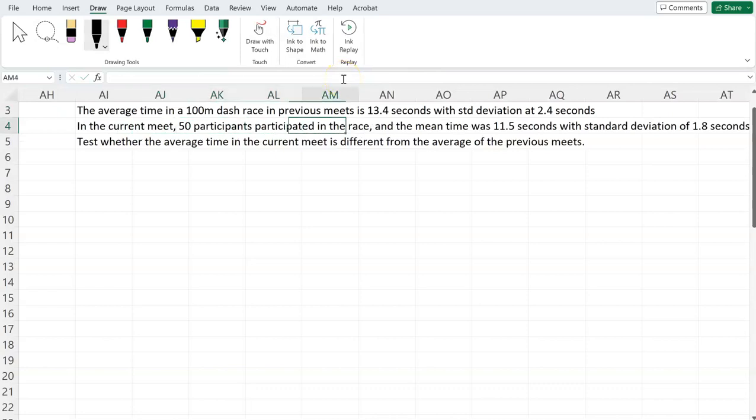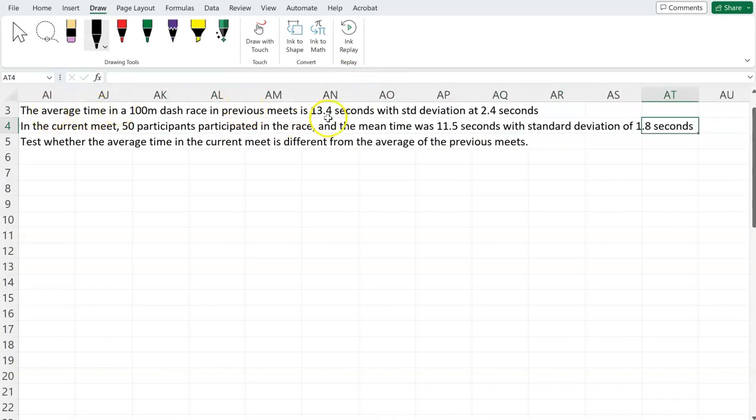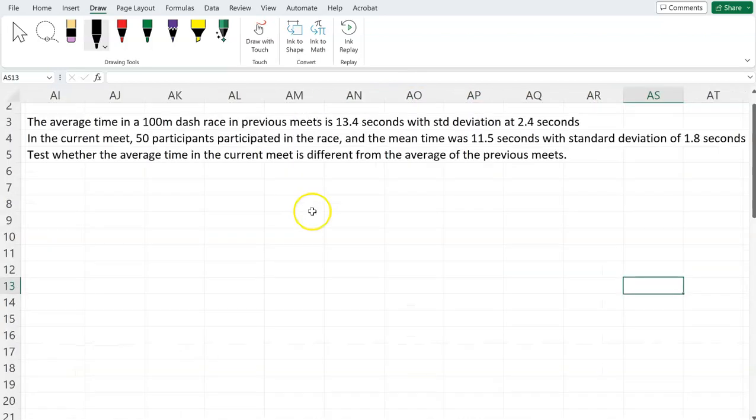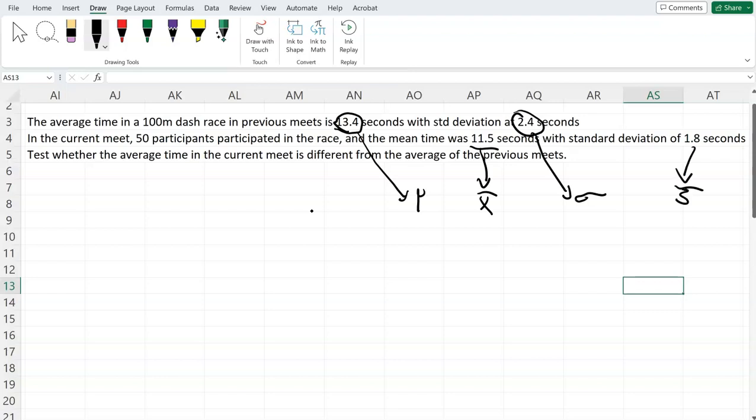So now we have the population mean, mu, and the population standard deviation, sigma. And here we also have our x bar and our mu. Or sorry, we have s bar.